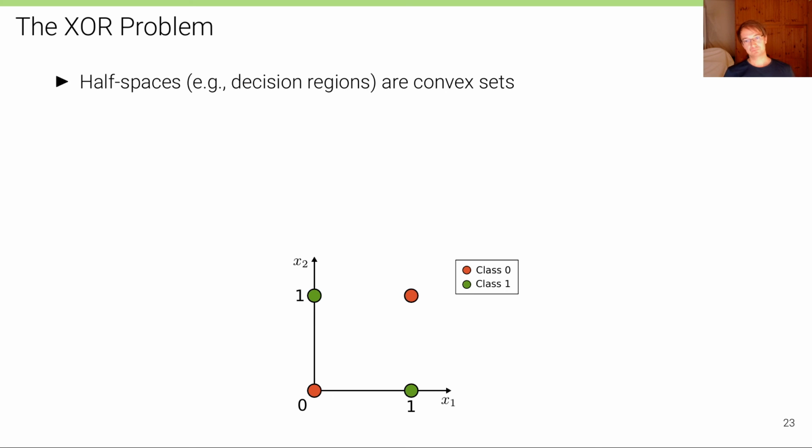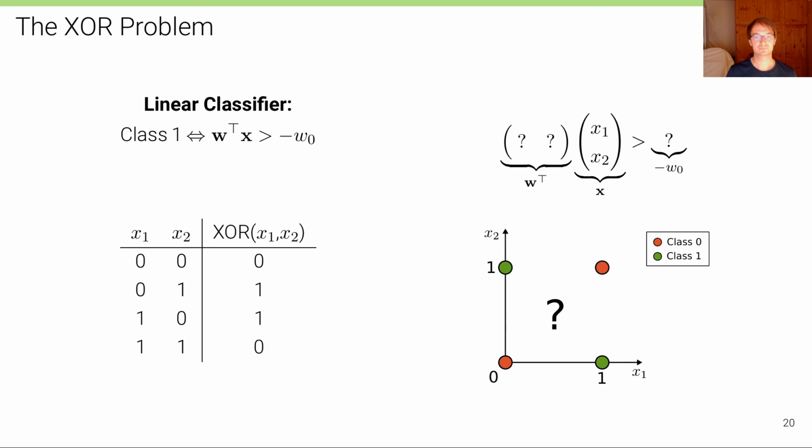Okay, so let's recap briefly what our decision regions actually look like. If we go back here and look at one of these decision regions, the region where we decide for one class and the region where we decide for the other class are actually half spaces.